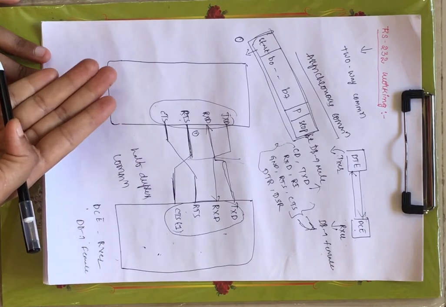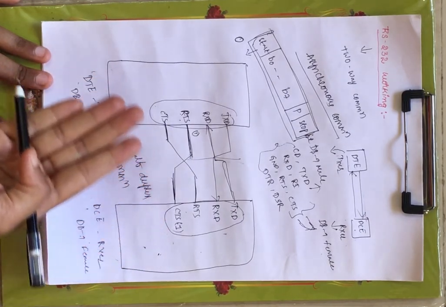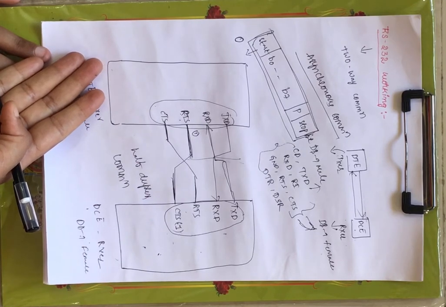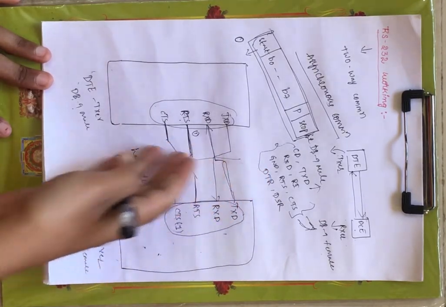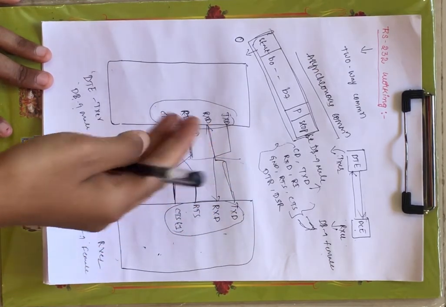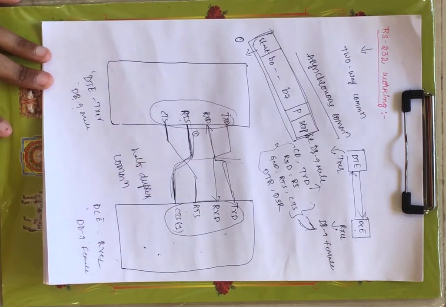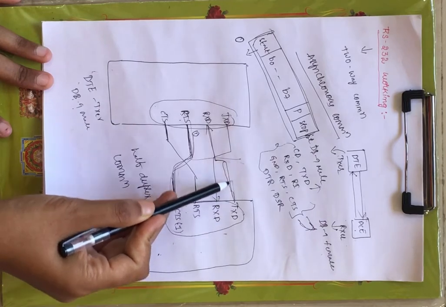Now once the RTS signal is generated from DTE to DCE, next the CTS signal is generated from DCE to DTE. That means it will check whether the path between your DTE and DCE is free for communication or not. Once the path is free for communication, data is transmitted.